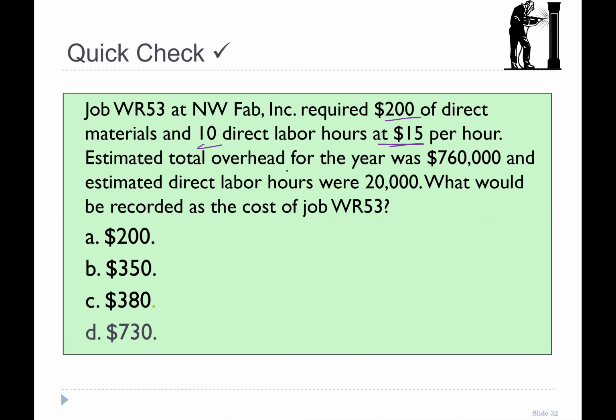Estimated total overhead cost was 760,000 and the estimated direct labor hours were 20,000. What would be recorded as the cost of job WR53? All of you, please calculate that.